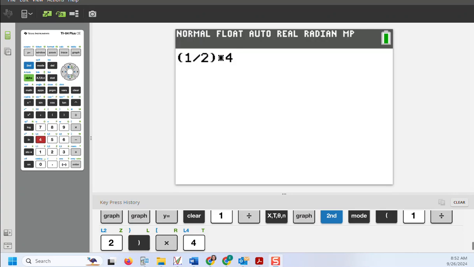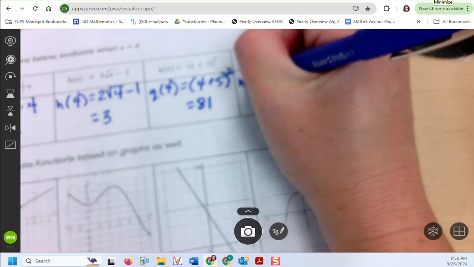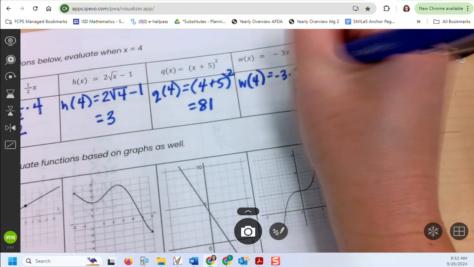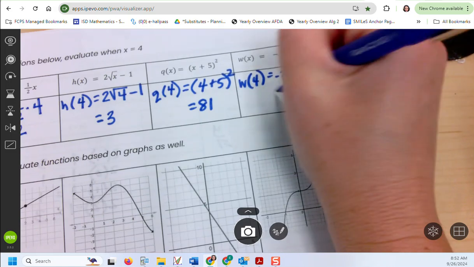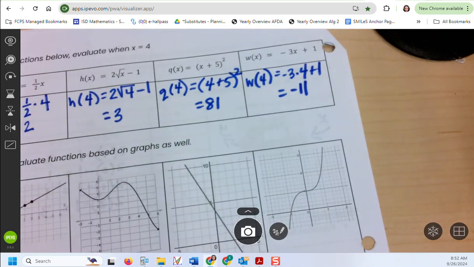Should get 81. Oh, you guys should tell me if you're not seeing what I'm seeing. And then w. w of 4, negative 3 times 4 plus 1, negative 11. Are we agreeing? Who has a question?